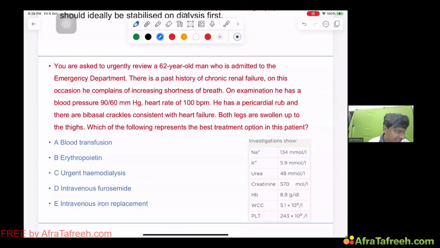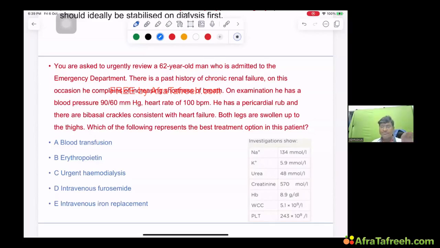Otherwise, if you don't see the blood pressure, we immediately jump onto dialysis. First of all, dialysis we definitely cannot do, Jacob. Limited doses of furosemide should be given. Monitor the blood pressure and then give furosemide to reduce the pulmonary edema.